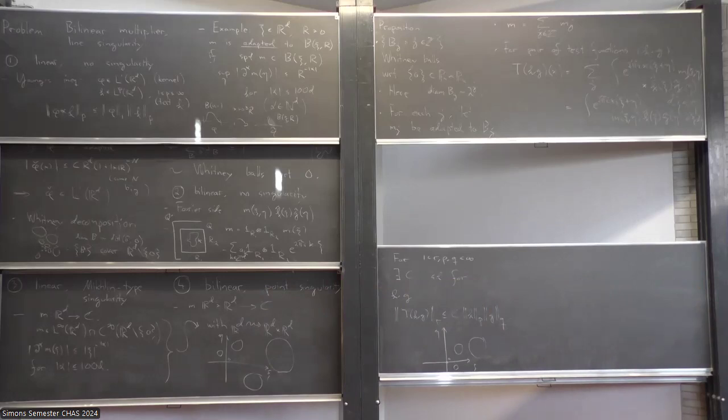In what follows, I will be interchangeably calling this a paraproduct. People ask, why is it called paraproduct? And the reason is that everyone else does the same. But the point of the word paraproduct is that this operator is bilinear, and if you differentiate it, it satisfies a product rule. So it has enough characteristics of a product to be associated to the word product. So it's a paraproduct.